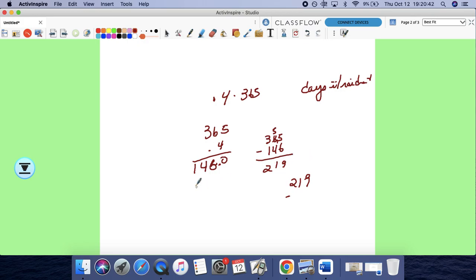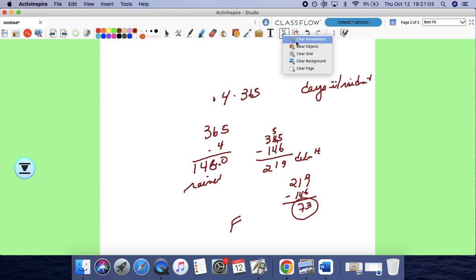So it rained for this many days, and it didn't rain 219. So how many more it didn't rain? So these are the two we have to subtract, and we get our answer of 73, and that's the final answer. F. Gotta read that carefully.